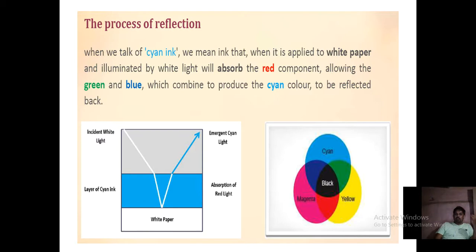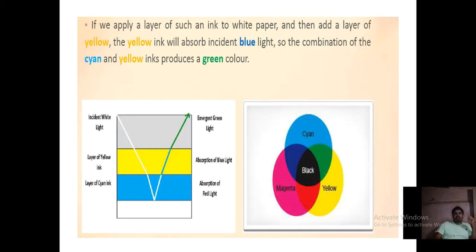Red light is absorbed by that layer, right? Then only green and blue are reflected. Green and blue will produce a cyan color. That's why you observe cyan color printed on that paper, right? This is one example. Then one more example.